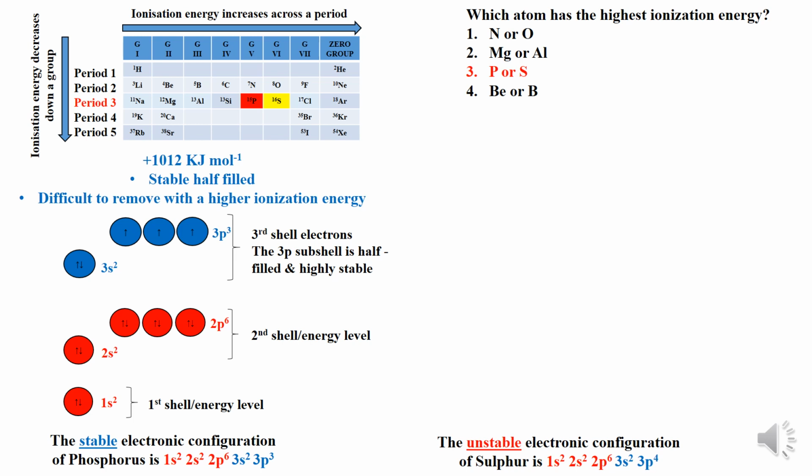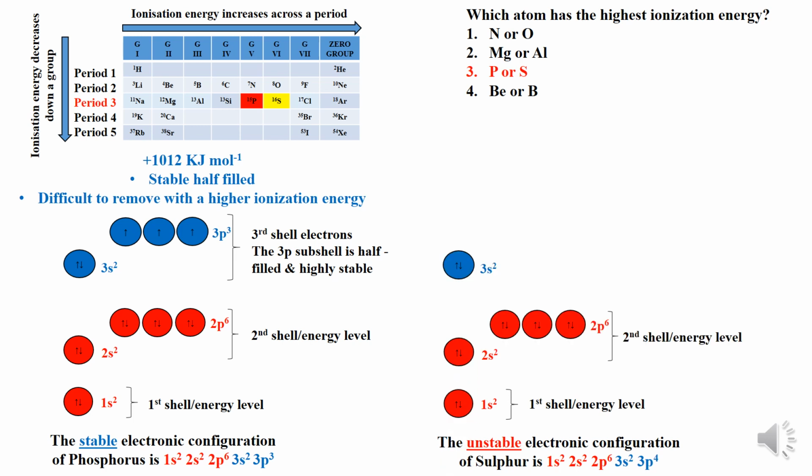Now in the case of sulfur, it has an unstable electronic configuration with a partially filled 3p orbital.